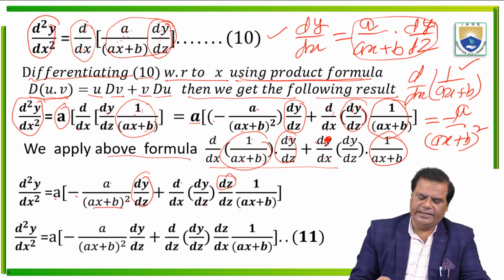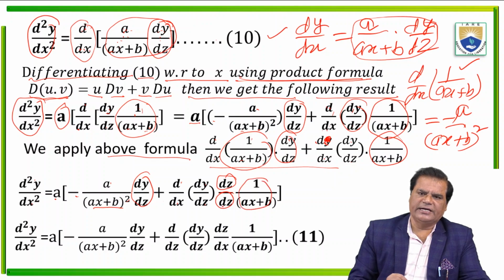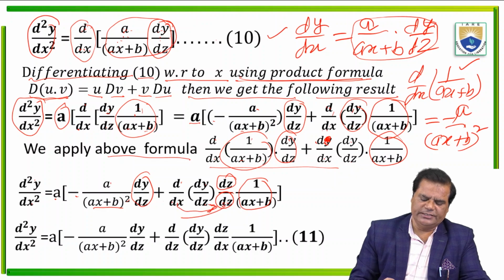Now multiply by dz and divide by dz in this function, into 1 upon ax plus b. Now interchange dz and dx: in place of dx we write dz, in place of dz we write dx.